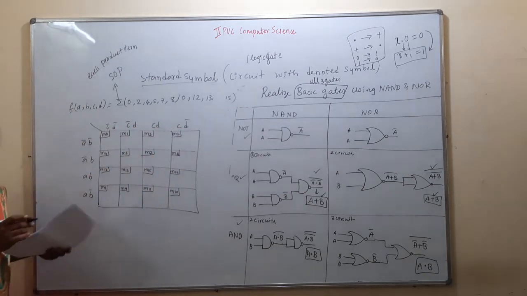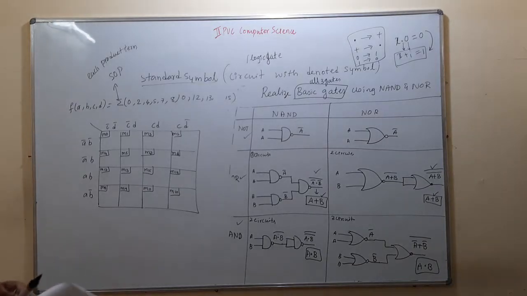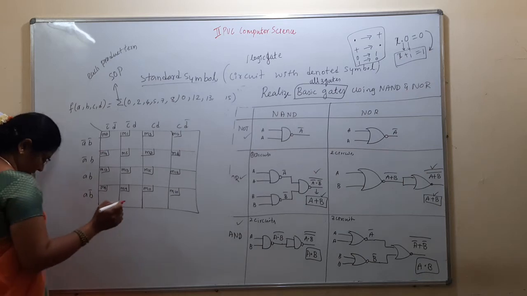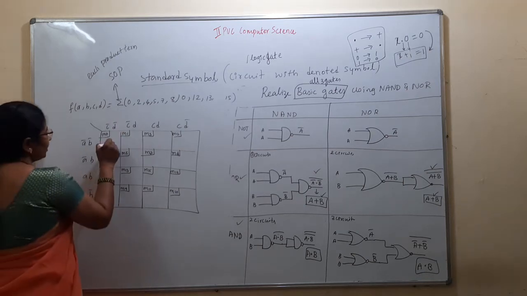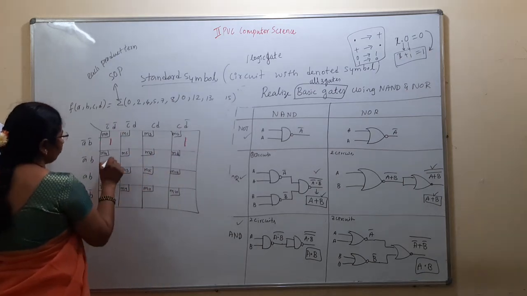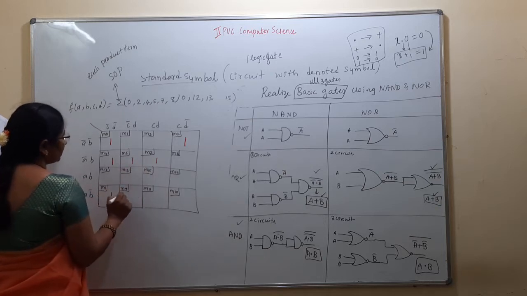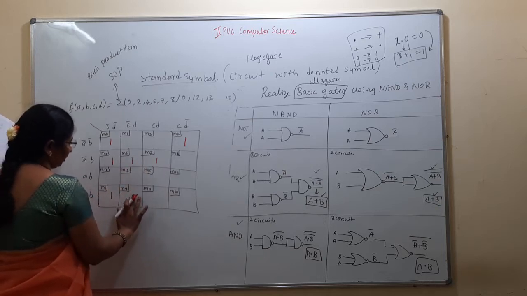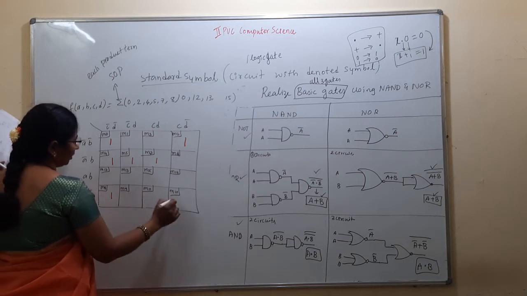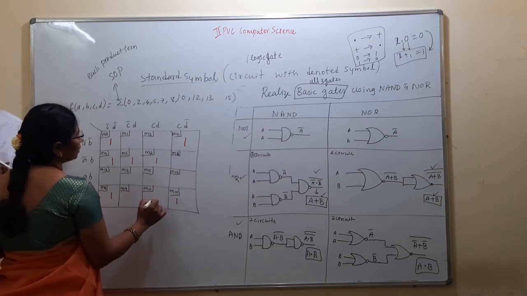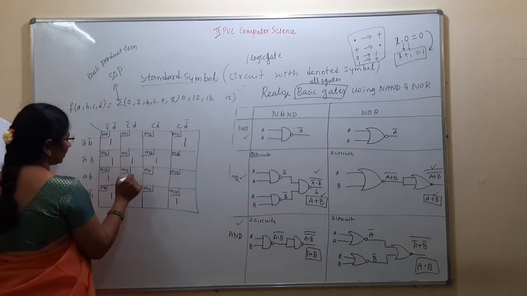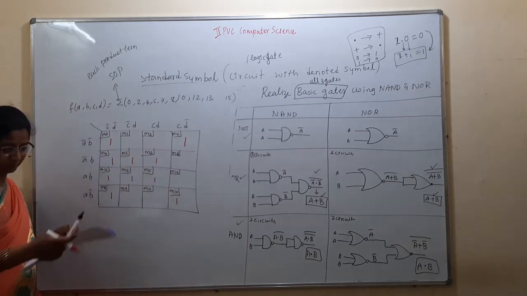Wherever the values are there, write that as a 1. So 0 is there, 2 is there, 4 is there, 5 is there, 7 is there, 8 is there, 9 is not there, 10 is there, then 12 is there, 13 is there, 15 is there.